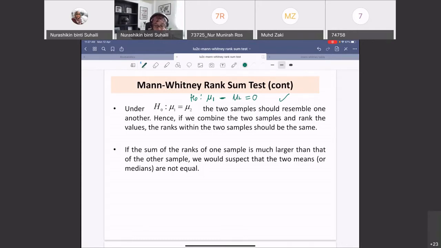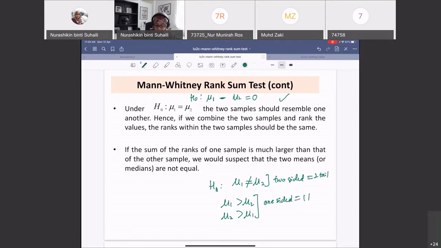Okay, so if you write the alternative hypothesis, in general form it can be not equal, but it can also be mu1 greater than mu2 or mu2 greater than mu1. Okay, so how you construct this: this is 2-sided, or 2-tailed, and this is 1-sided, or 1-tailed.